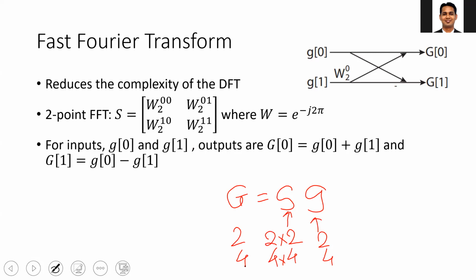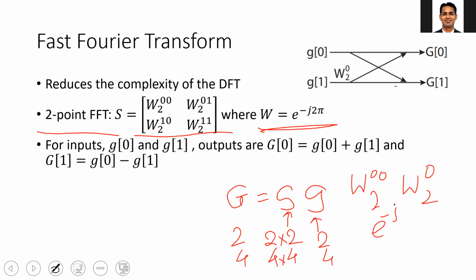For example, in the case of the 2-point FFT, your S consists of these 4 elements, where W is equal to e raised to minus j2 pi. Okay. So when you say W 0,0 or 2, sometimes it is also represented as W02. It is nothing but e raised to minus j2 pi 0.0 divided by 2, so it is nothing but 1.